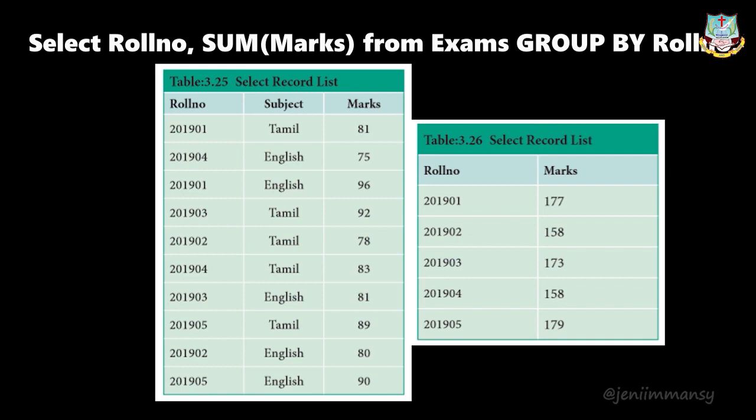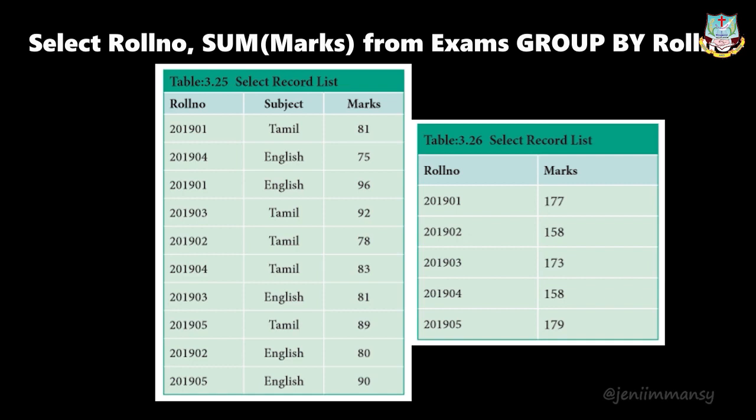That means in the previous record list, if you see, for 201901, Tamil mark is given as 81, right? Then 201904 mark is there, and then again 201901 English mark is given as 96, right? So we have to add both the marks, and we have to display it for this 201901.